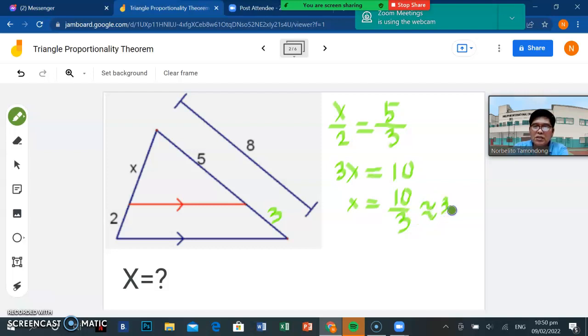So approximate is 3.333, or just simply use 3 and 1/3 as mixed number. In decimal, that is 3.333, or just write 10 over 3.